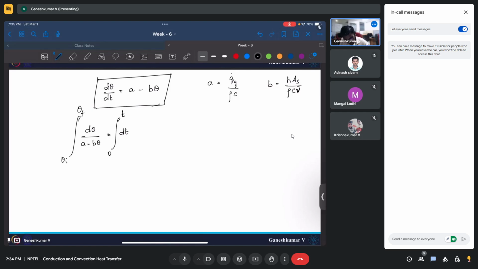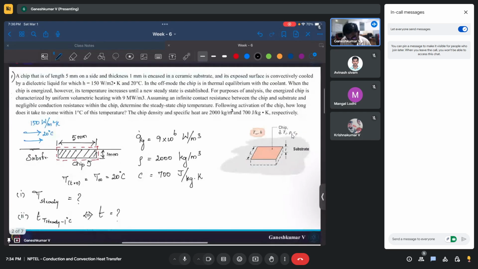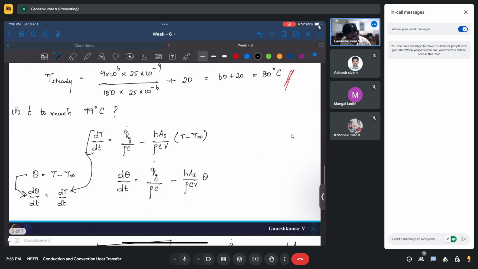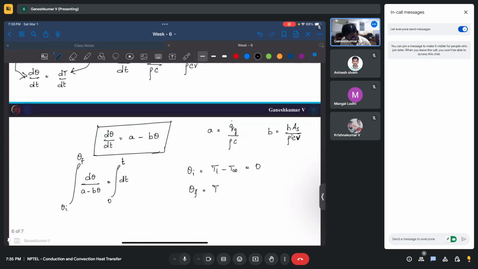Theta I is nothing but Ti minus T infinity. Initially, your chip is at 20 degrees Celsius, so this is going to be simply 0, since T infinity is also 20. And theta F is nothing but your desired temperature, which is 79, not 80, because that is what has been asked. We want to know the time it takes to come within 1 degree Celsius of the final temperature.